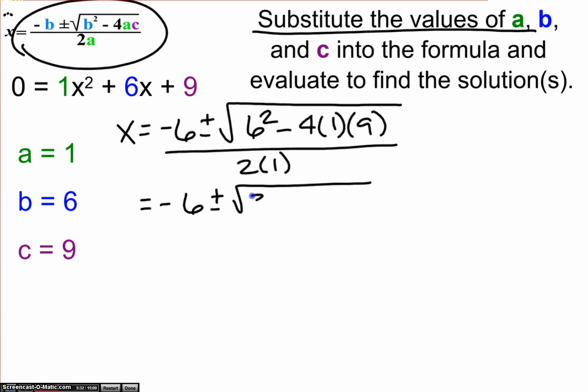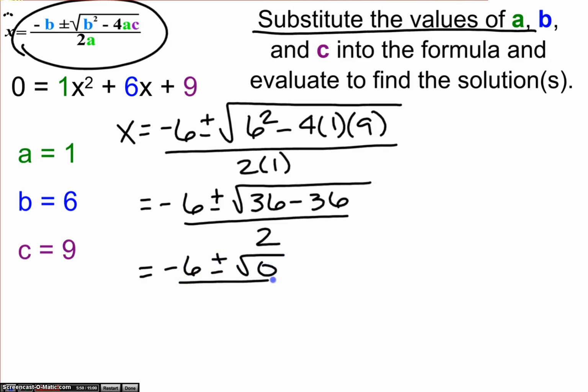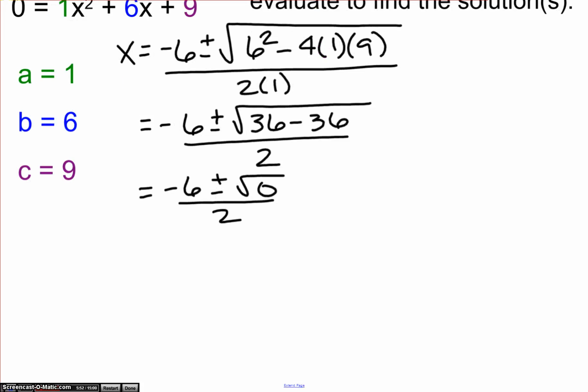Plus or minus the square root of 36, negative 4 times 1 is negative 4, times 9 would be negative 36, over 2. So you have negative 6 plus or minus the square root of 0 divided by 2. So now's when you're going to break it off.